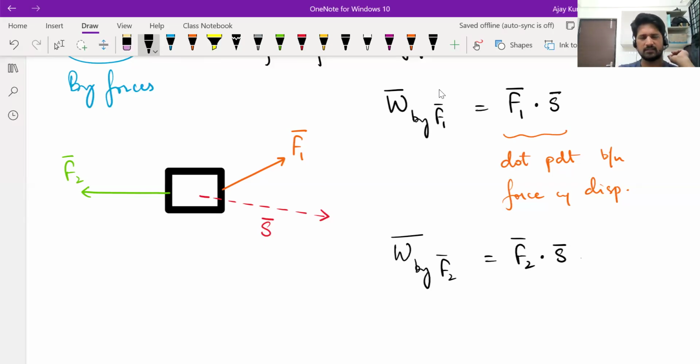Actually, the answer is yes. Even in a perfect solid object, it's possible for different points or different particles to undergo different displacements. For example, consider this pen itself. Suppose I hold the pen here exactly at the center and I rotate it.